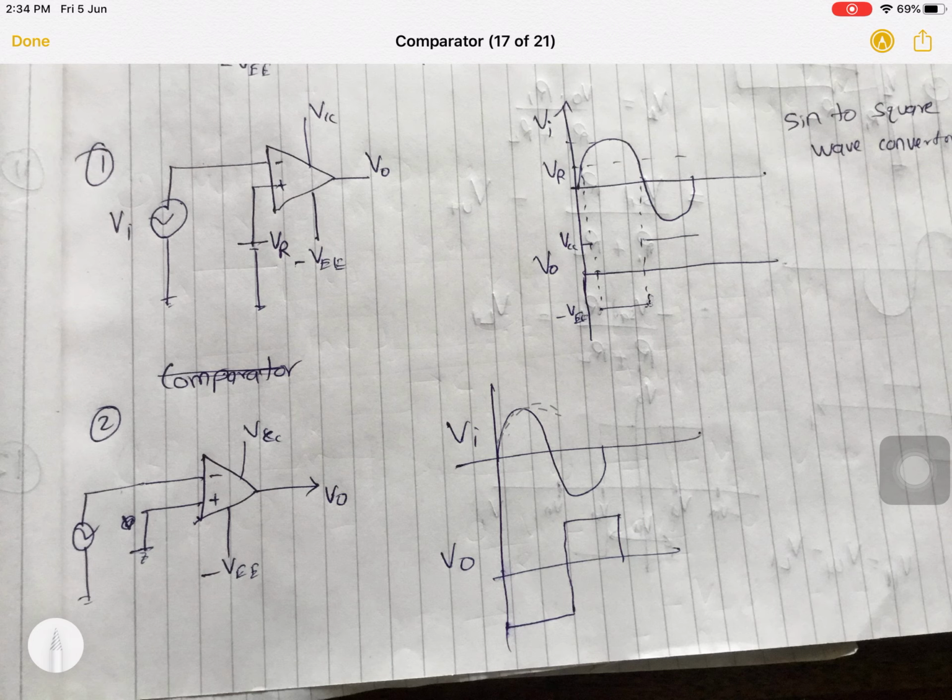If Vi is greater than ground, the output will be minus VCC because the ground is connected to the positive terminal. And if Vi is less than ground, then it is plus VCC. It is a special case of the sine to square converter when VR is 0. So it is a comparator circuit.